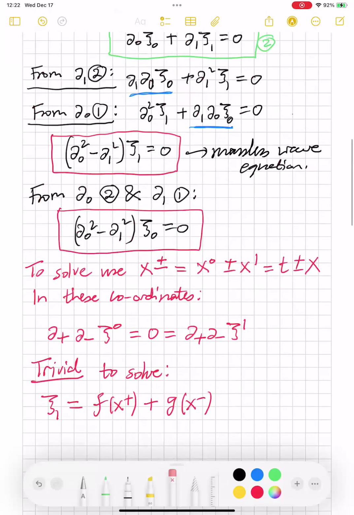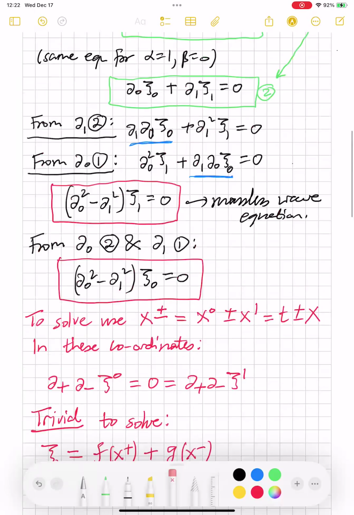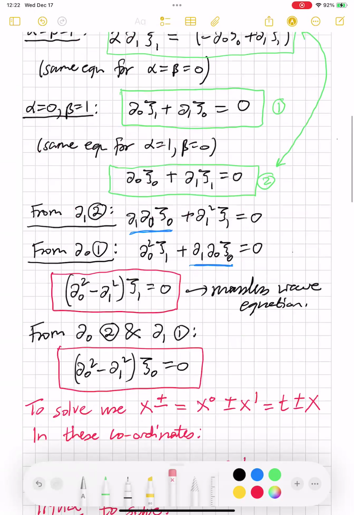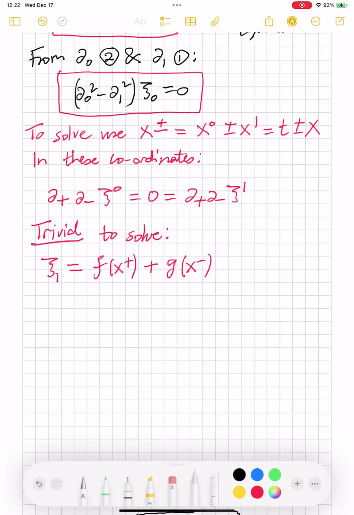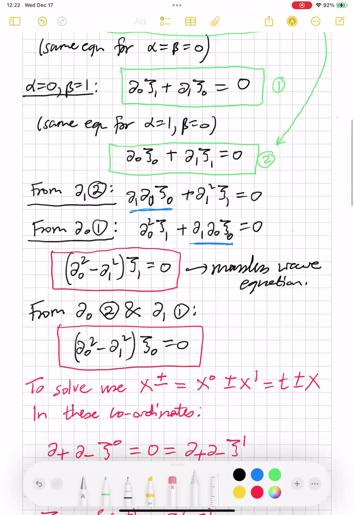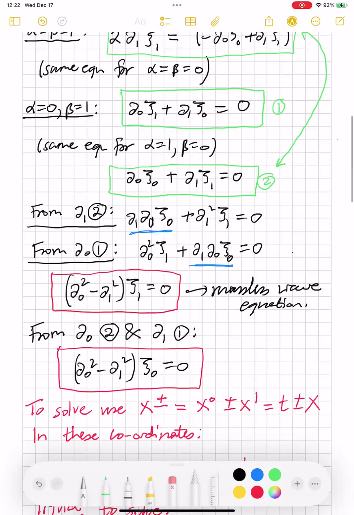Let's choose one of them. Let's look at equation 1. You can use either one of them. I'll use equation 1. You can check that with equation 2, you still get the same answer. So let's just rescue this equation down the bottom here. This is the equation that we want to use.